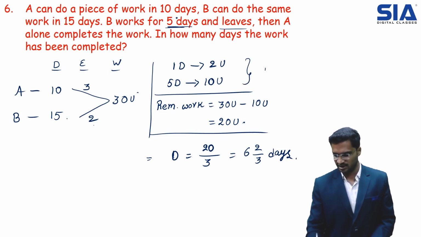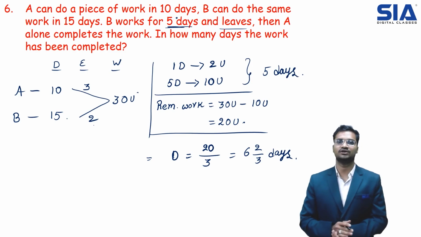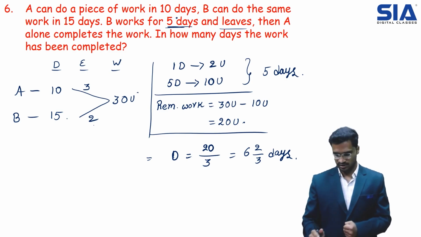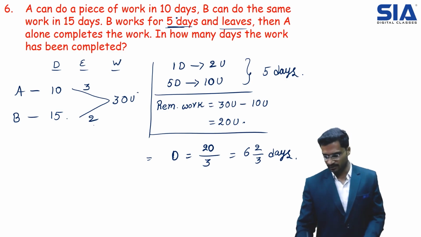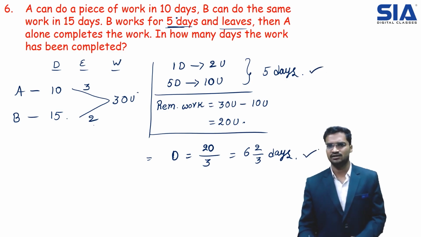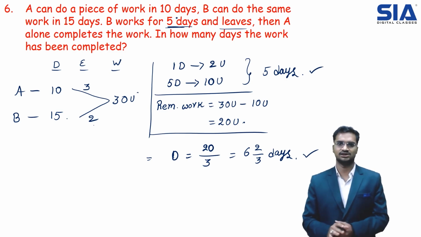And at the start, B has worked for 5 days. In this question he is asking how many days the work lasted. The work was started by B for 5 days and ended by A working 6 and 2 by 3 days.